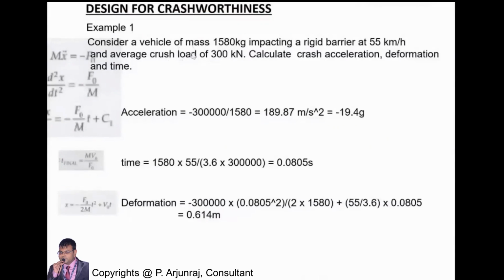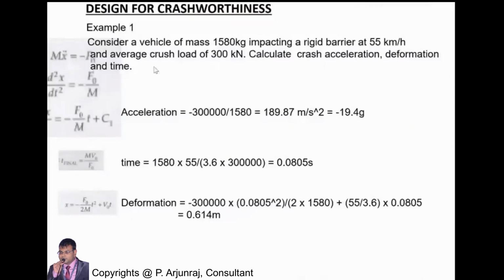We have seen what is F average and what is F max, and F average is given as 300 kilonewton. Here we need to calculate the crash acceleration, the deformation, and the time.